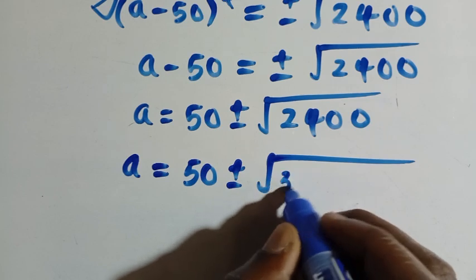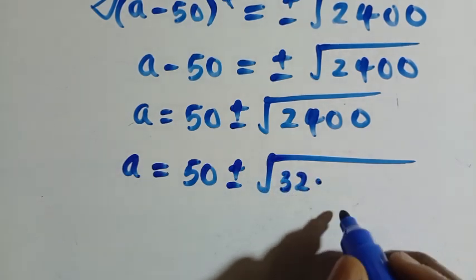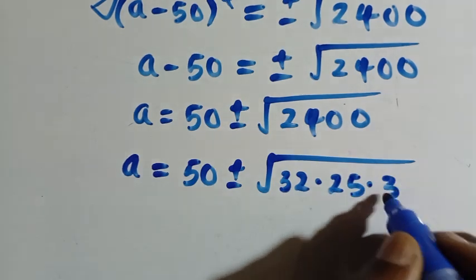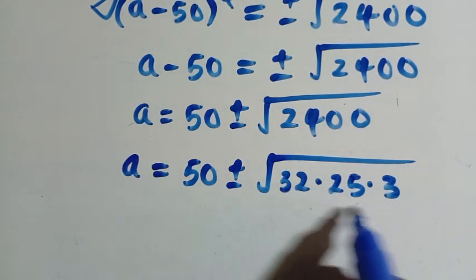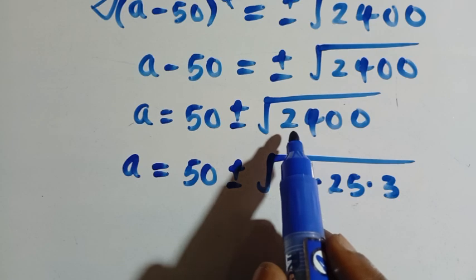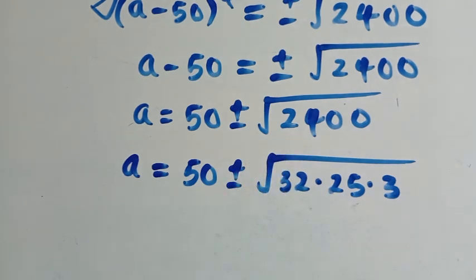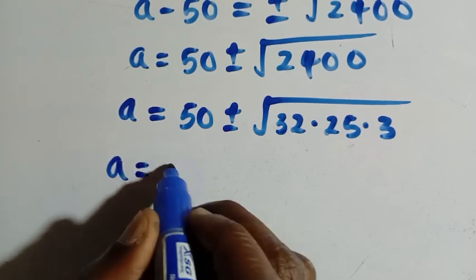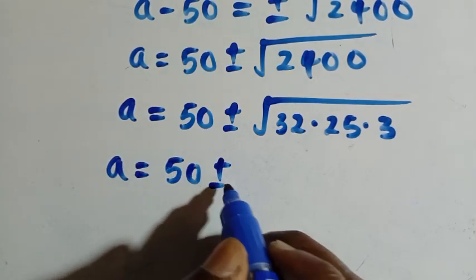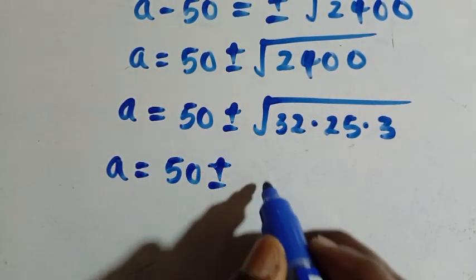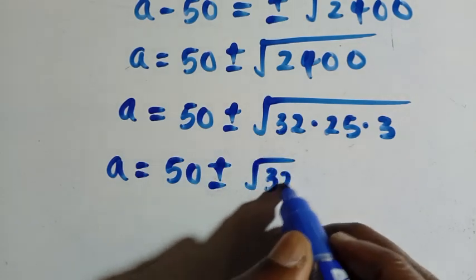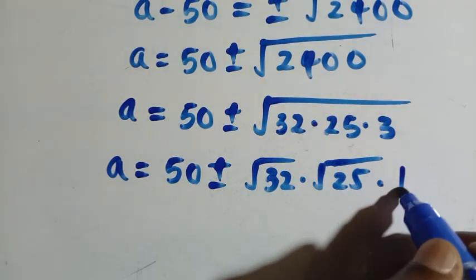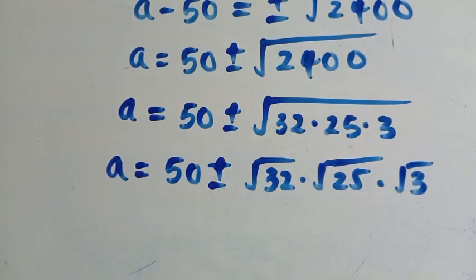so let's say we have 32 multiplied by 25 multiplied by 3. When we multiply all this together, it gives us 2400. And we can just separate this. So by separation of this, we have a equals 50 plus or minus square root of 32 multiplied by square root of 25 multiplied by square root of 3.